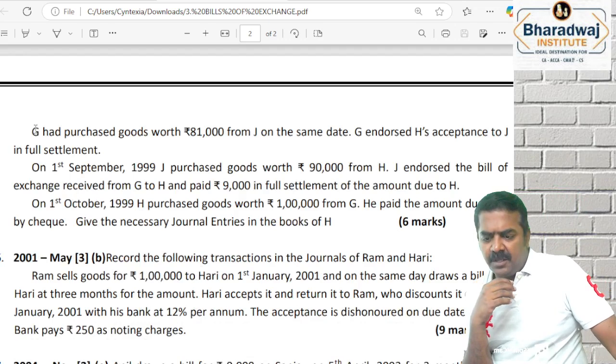Then G purchased goods worth 81,000 from J on the same date. G endorsed H's acceptance to J in full settlement.